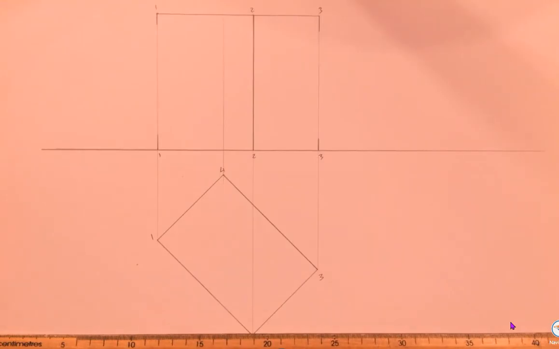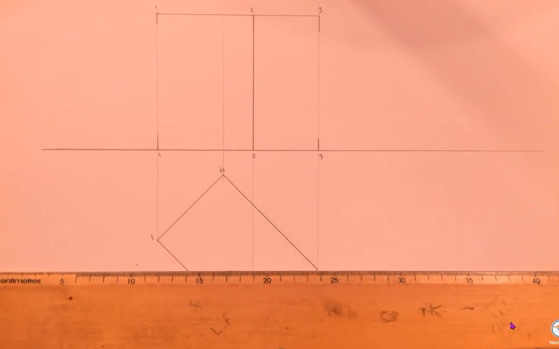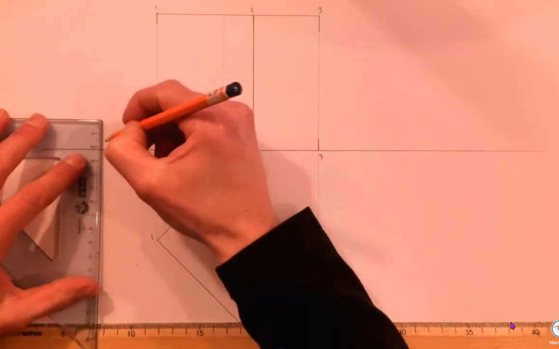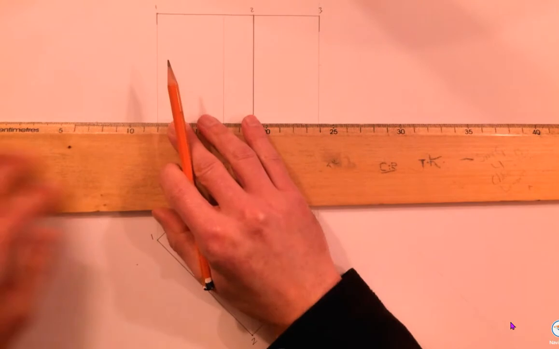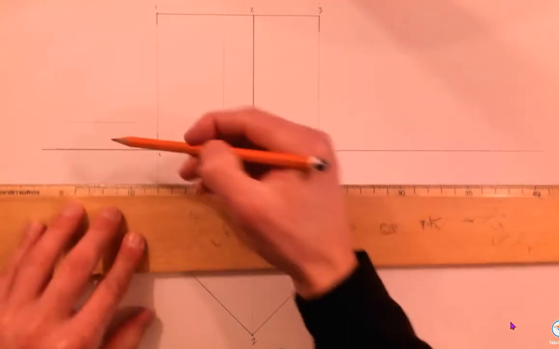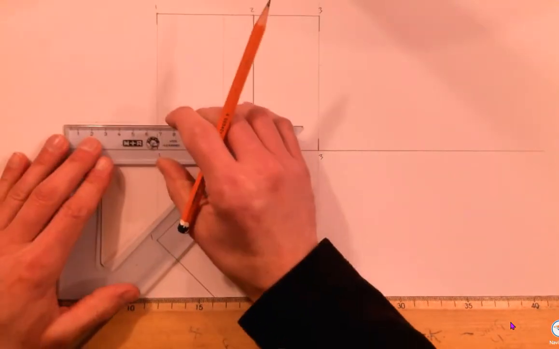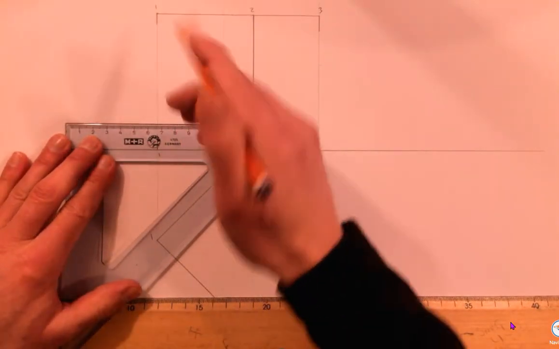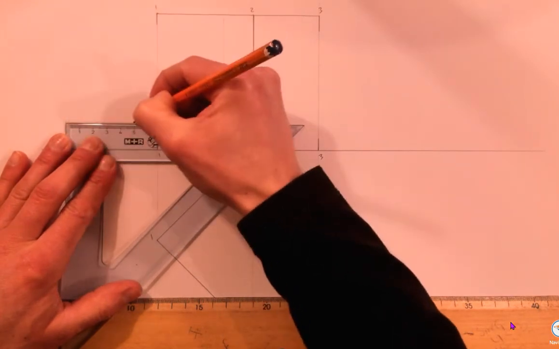It told us to draw the elevation and plan first, so we should be able to complete the elevation and plan without having to draw the end view in this question. To do that, they gave us the profile of the horizontal bar. It came up 20 millimeters, and I'm just going to draw this anywhere out to the side. It doesn't really matter where. So up 20 millimeters. It was 50 millimeters wide, so I'll measure out 50 mil wide.